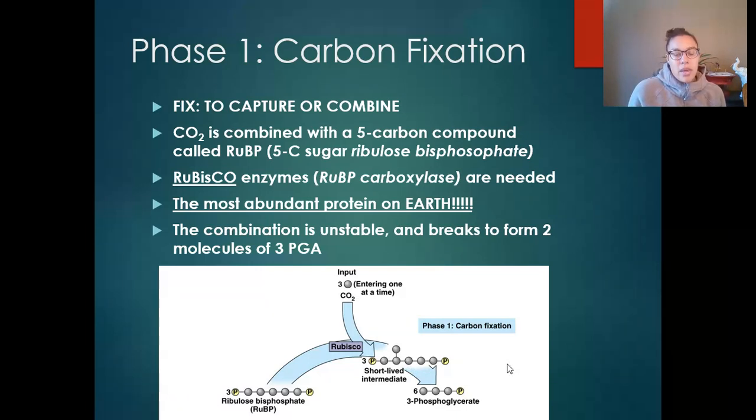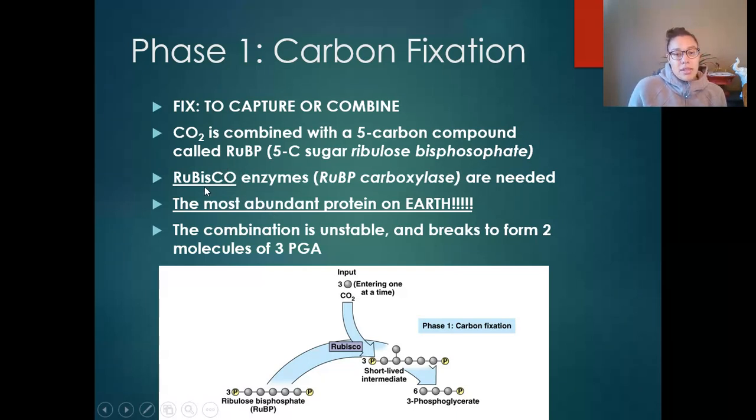RuBP is going to be a substrate that combines, right? And then we can see it's going to create this little Rubisco enzyme, which is really, really important in processing carbon dioxide. It just speeds it up really, really fast.